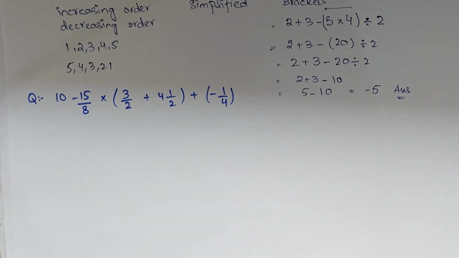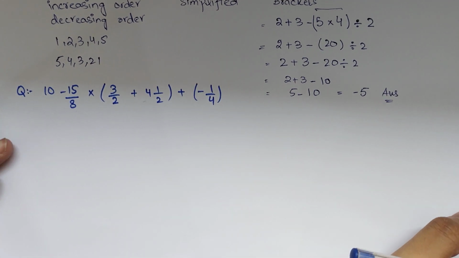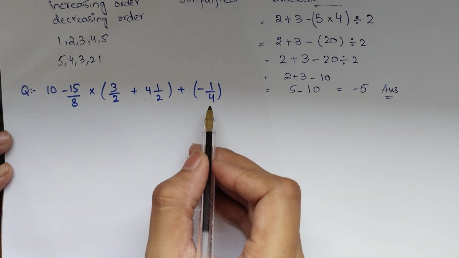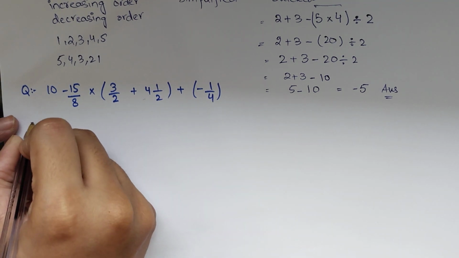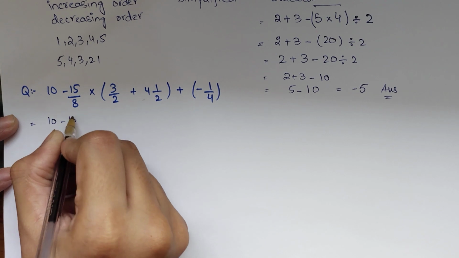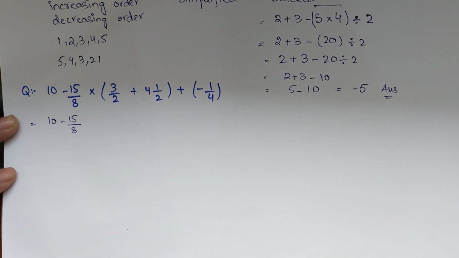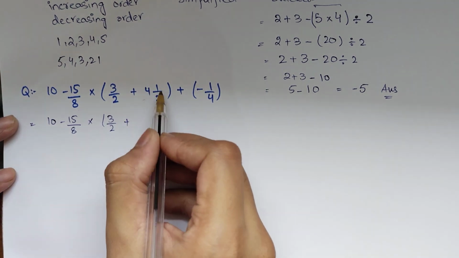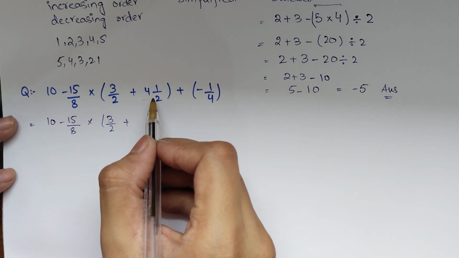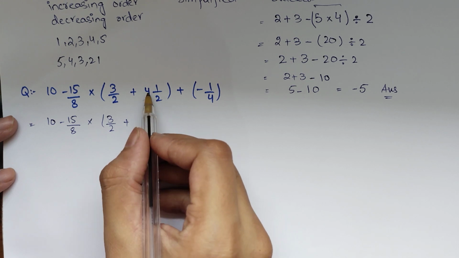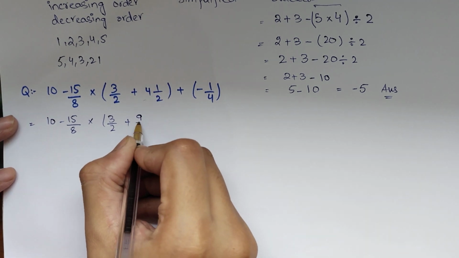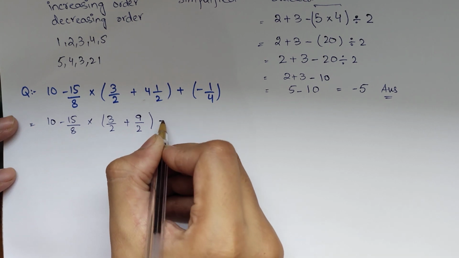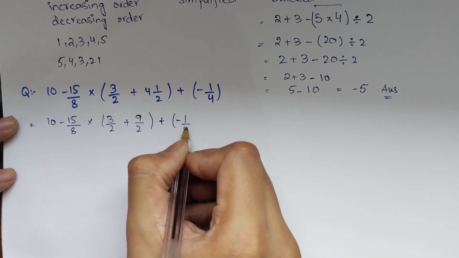The question given is this, and in this question we have to perform BODMAS. So let's start. 10 minus 15 over 8 as it is, multiply by 3 by 2, plus, this is in the form of a mixed fraction, so convert it first into a common fraction: 4 2s are 8 and plus 1 is 9, 9 over 2, plus minus 1 by 4.